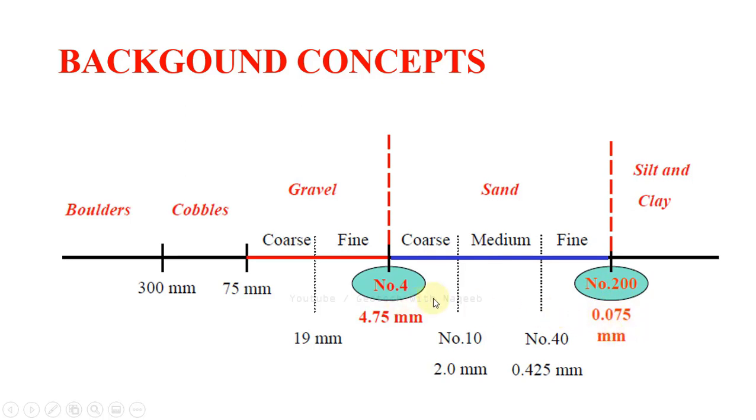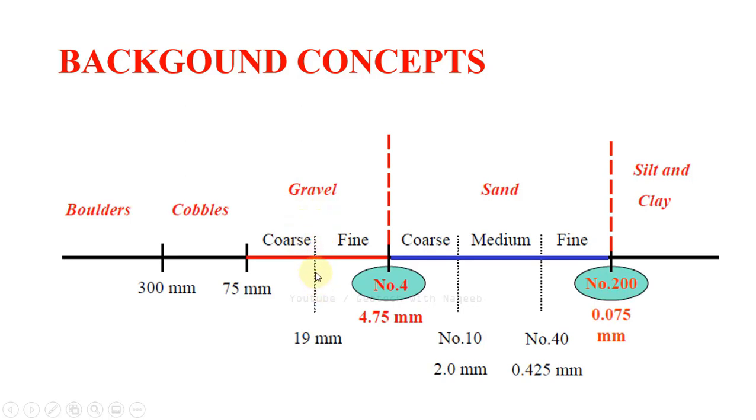Let's discuss the meaning of this size, 4.75 mm. Before that, there is some explanation regarding the classification. Gravel can be termed fine or coarse depending upon the size.